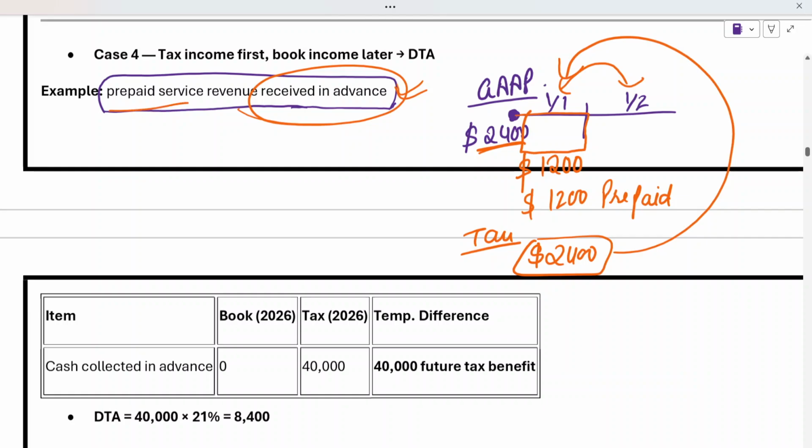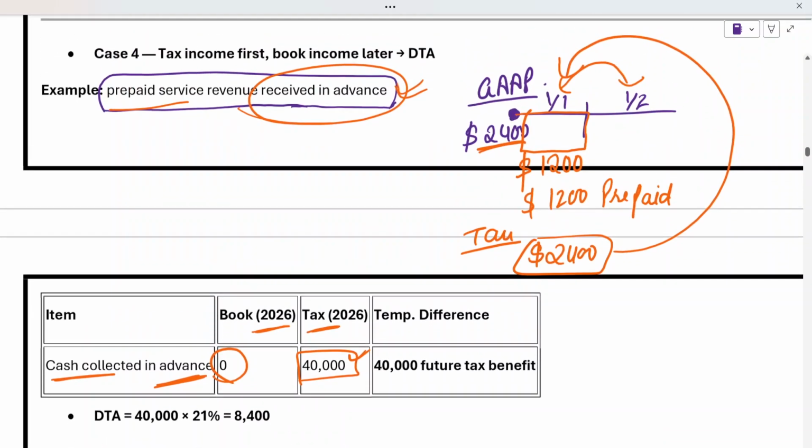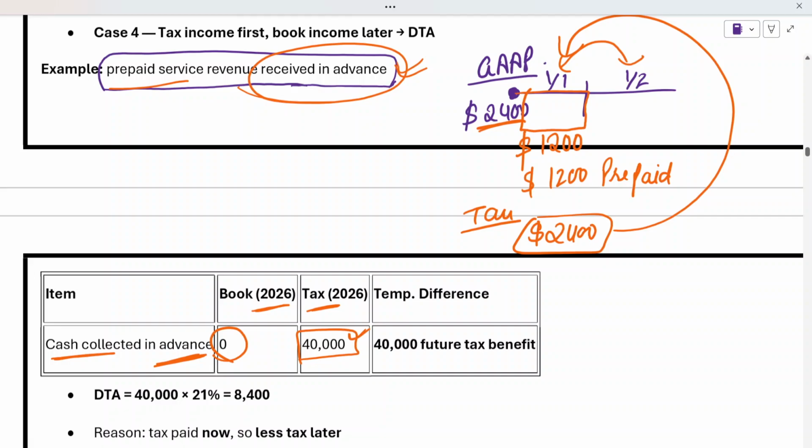Now let's see this example wherein the books are showing cash collected in advance, zero revenue, and in tax, whatever money you received, you will show that as tax revenue or tax income, because as per accounting rules, whatever you receive in advance doesn't become your revenue. It doesn't go to your P&L, it goes to your balance sheet as a liability.